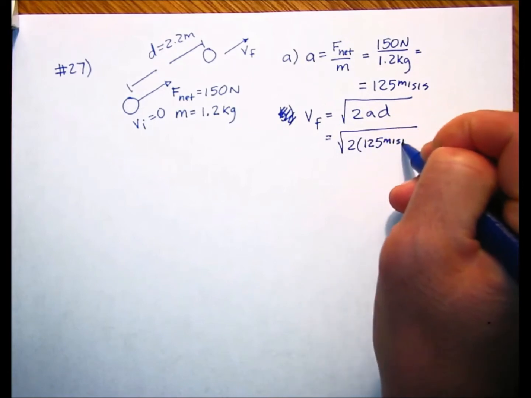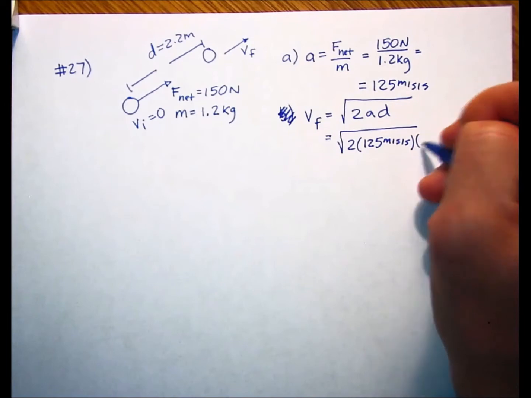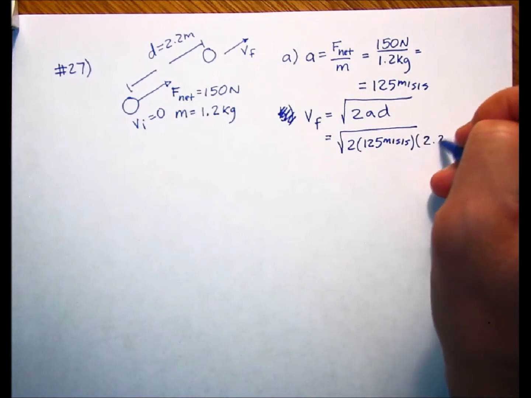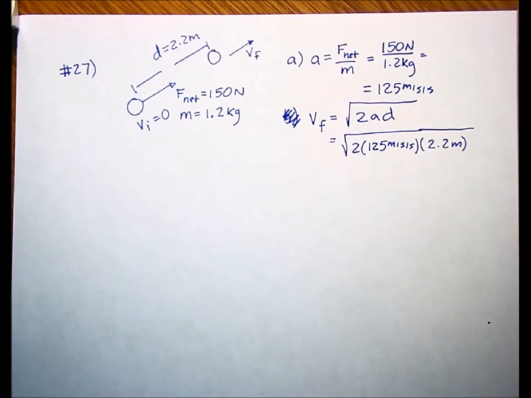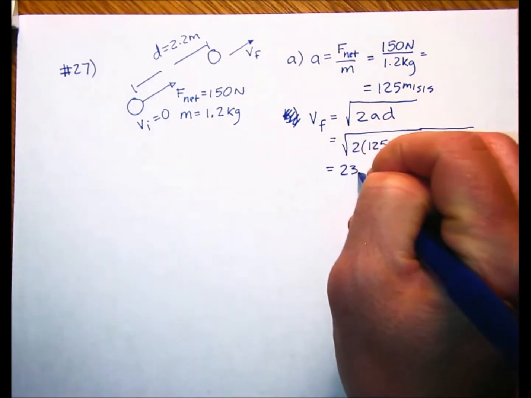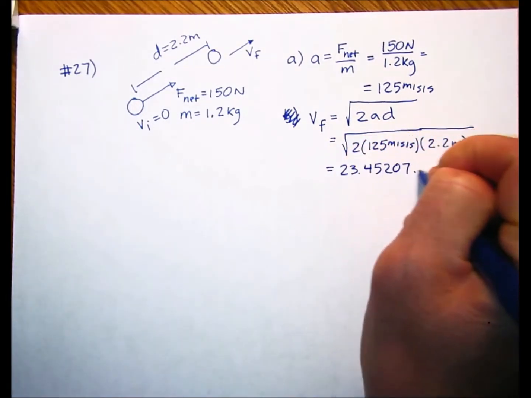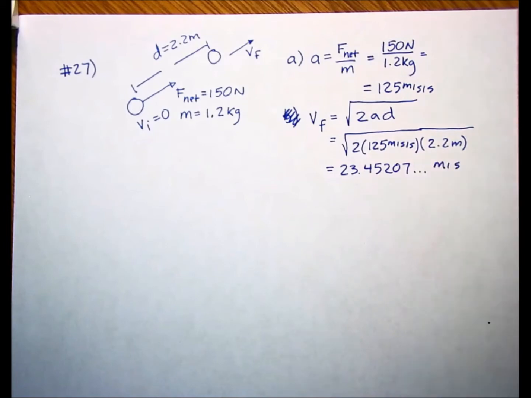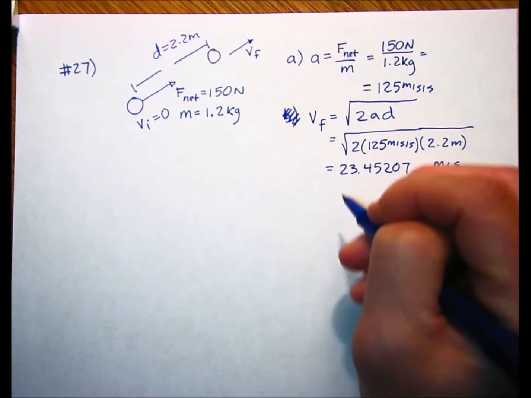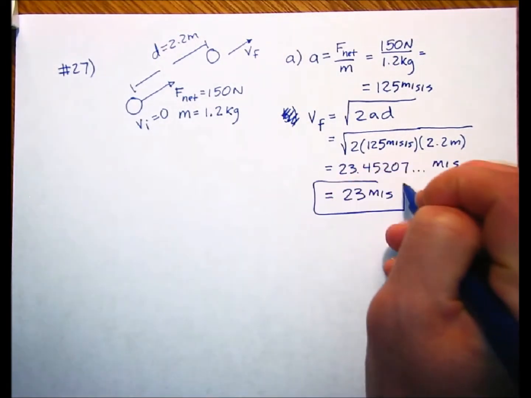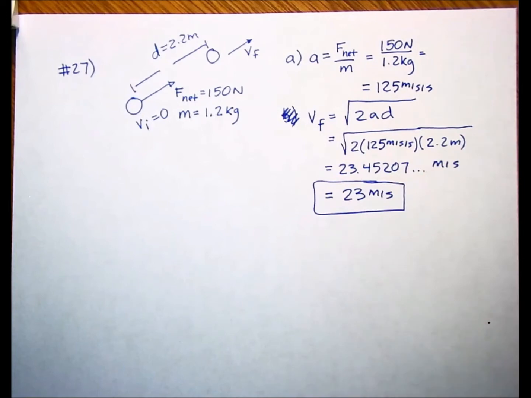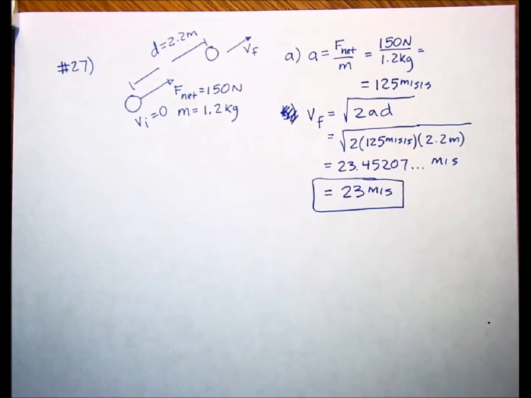So when I take 2 times 125 meters per second squared times 2.2 meters, and I put that in my calculator, I get 23.45207 meters per second. Since this is really a final answer for that first question, I'm going to sig fig that and go with 23 meters per second. But when I go to use that number later down below, I'll go back to the unrounded value.